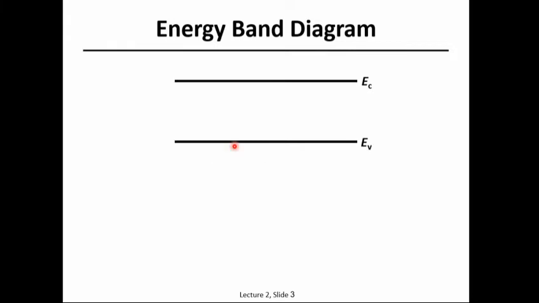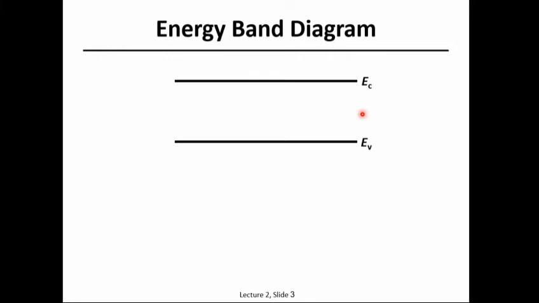So the flat bands that you see here represent the lowest energy, like EC is the lowest energy level in the conduction band. EV is the highest level of energy in the valence band. And we know that in pure silicon, all the electrons are sitting in the valence band and the conduction band is empty.